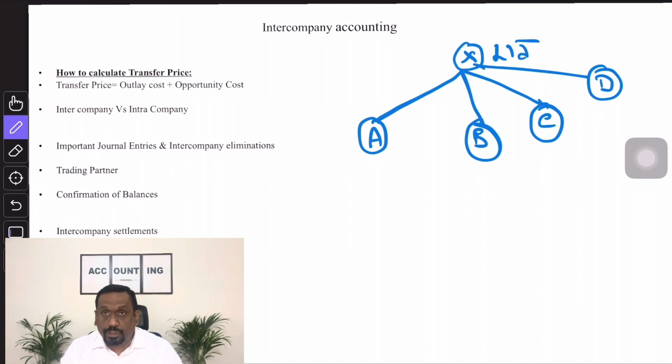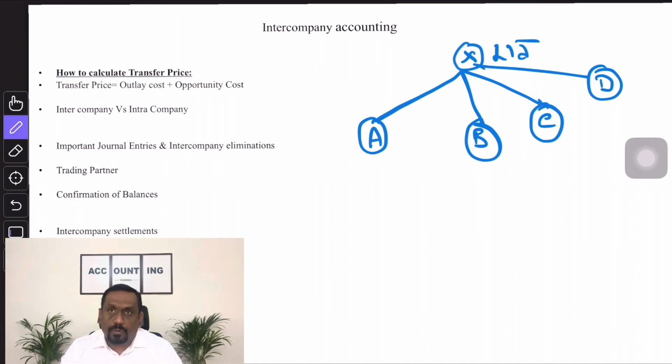The price at which the goods are transferred from X Limited to the respective subsidiaries is called transfer pricing. Transfer pricing can be done at different models: one is at market price, one is a cost-based model, and the third one is at negotiable price. These are the topics we discussed in our last video.